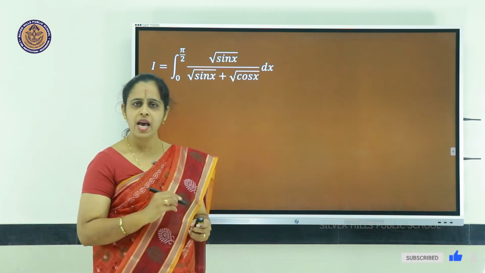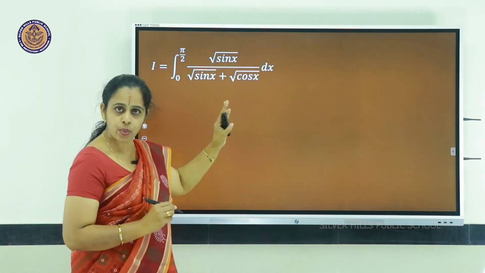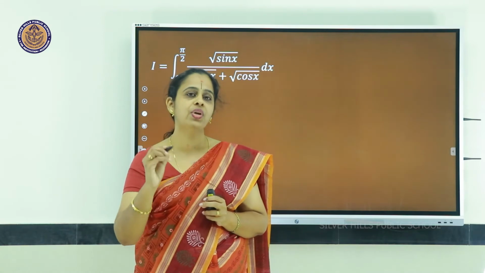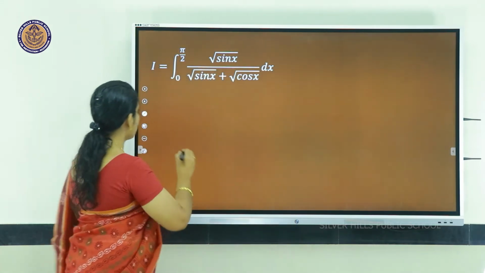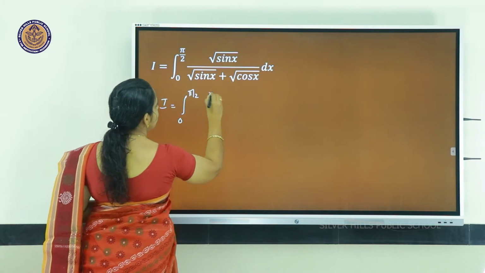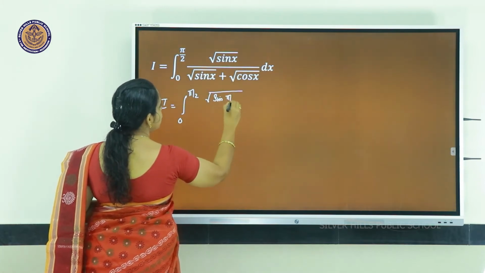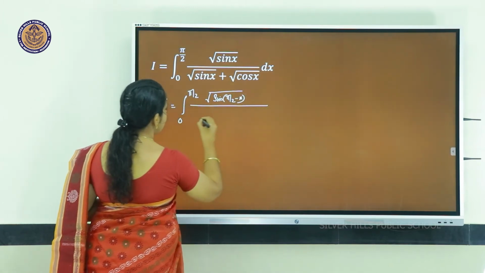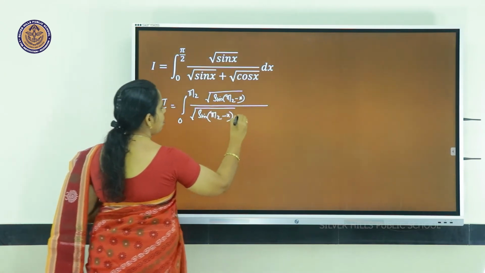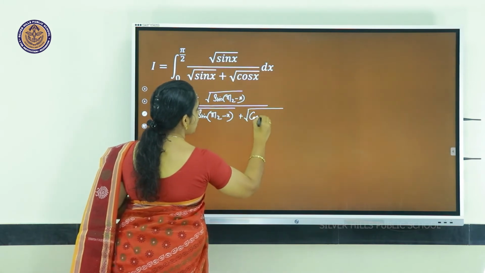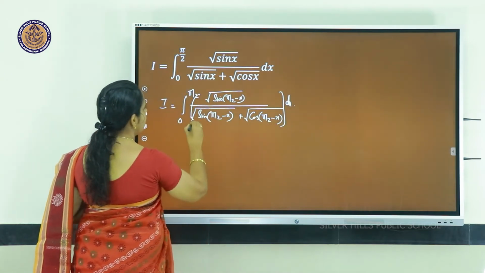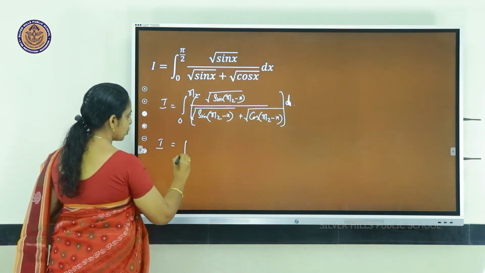A similar question as previous. This is our I question. Again we can apply the same property: integral 0 to a f x dx is same as integral 0 to a f of a minus x dx. So, also I equal to integral 0 to pi by 2 root of sine of pi by 2 minus x divided by root of sine of pi by 2 minus x plus root of cos of pi by 2 minus x dx, equal to integral 0 to pi by 2.